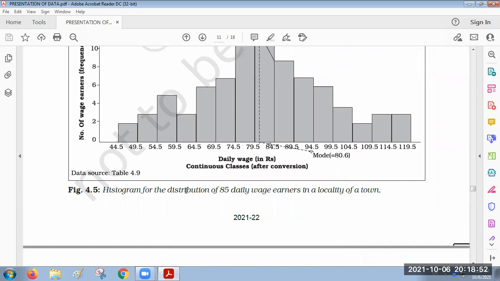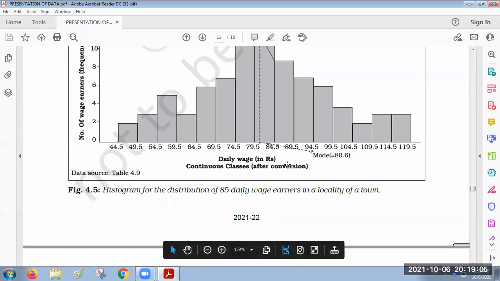So you cannot construct a histogram for a discrete series. You have to convert it into a continuous series. For continuous classes only can you draw a histogram. Why like that?